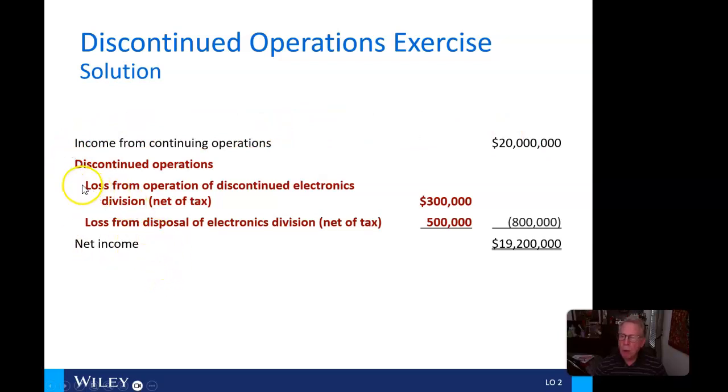And we have these losses here. Loss from the operation of the discontinued electronics division, net of tax. But we also have the loss from the disposal of the electronics division, net of tax. So in total, that's an $800,000 deduction from income from continuing operations. And finally, our net income of $19,200,000.